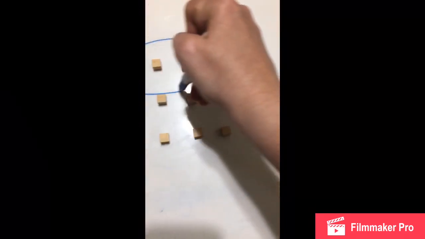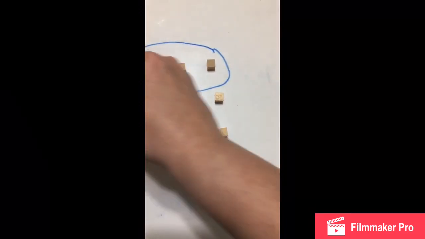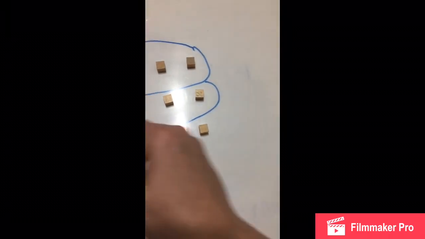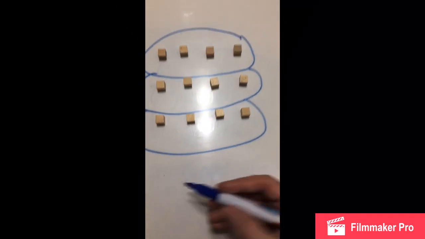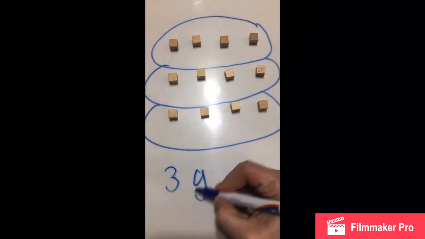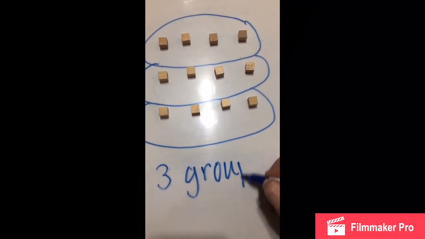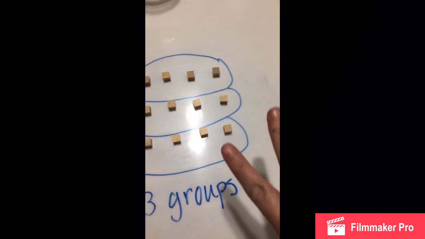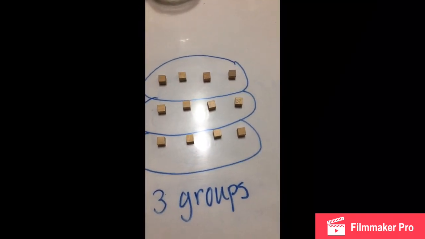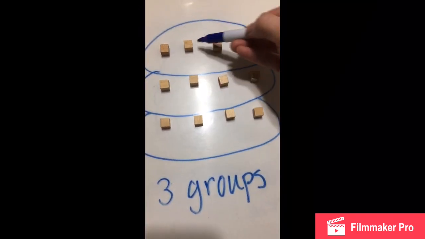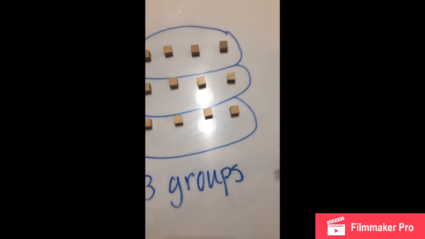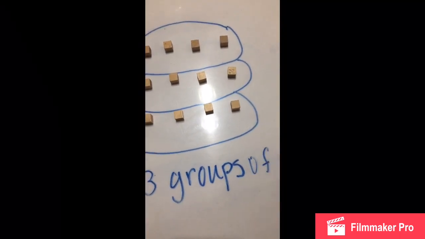So step 1, count your rows or your groups. So I have 1, 2, 3 groups. Step 2, count how many's in each group. So 1, 2, 3, 4. So I have 3 groups of 4.